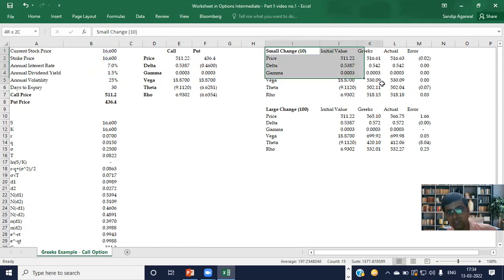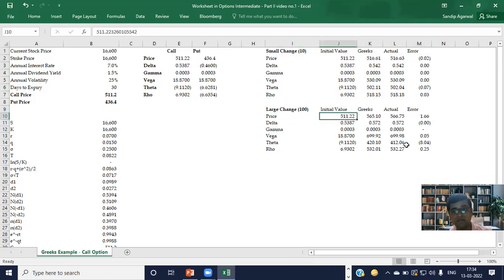Now, the changes which I've explained in delta, gamma, vega, theta, and rho, and the impact of the same, these factors change according to the price of an option. Now we will see similar kinds of changes whenever we are making large value changes in the underlying instrument by 100 points.